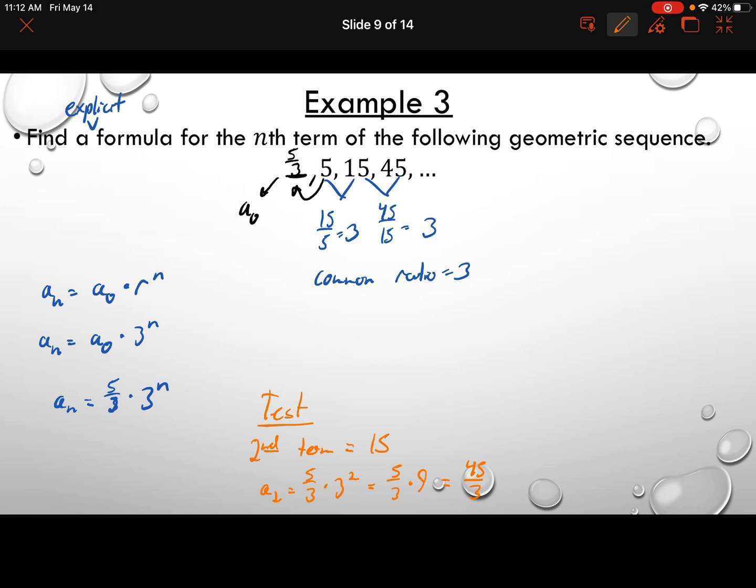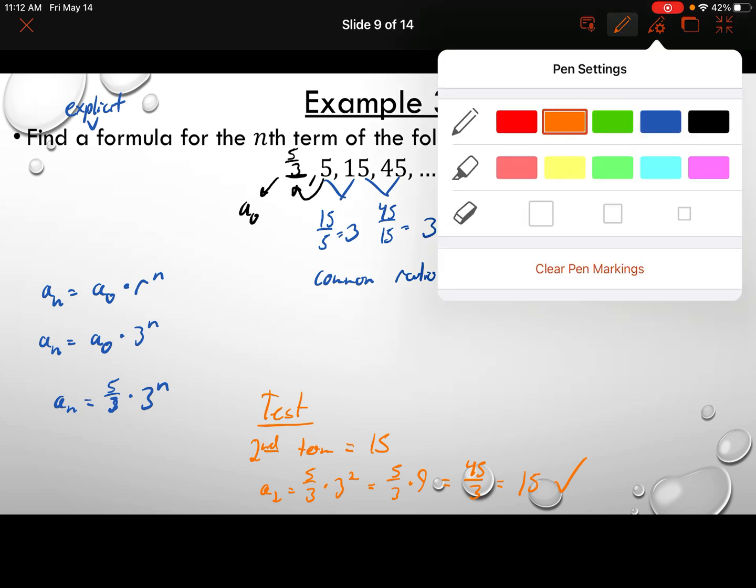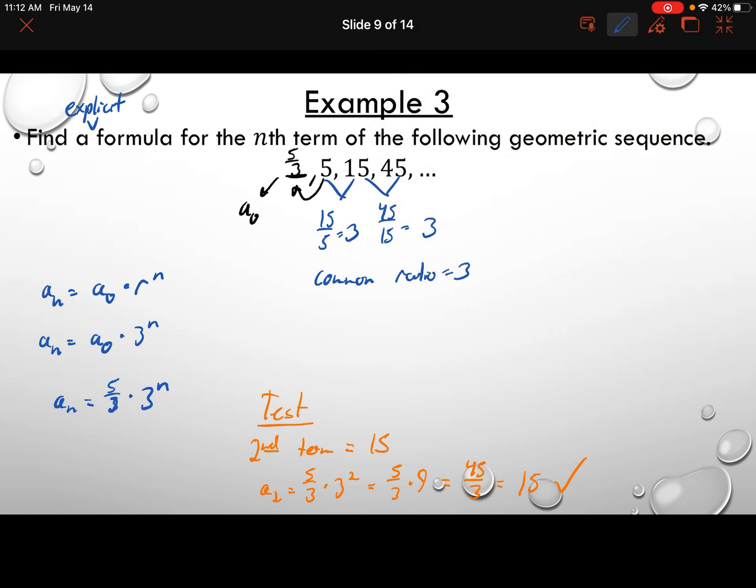So 45 divided by 3 is 15. So it does work. And sometimes it's a good idea to check just to make sure we didn't do anything wrong with our formula. But that is the explicit formula for the nth term of this geometric sequence. Okay? So that's it. Just a little intro into what geometric sequences are, as well as how you find the explicit formula for them.